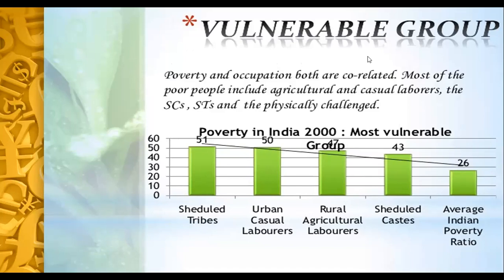Now, talking about vulnerable groups, the proportion of people below the poverty line is not the same for all social groups and economic categories in India. The social groups which are the most vulnerable to poverty are scheduled caste and scheduled tribe households. Similarly, among the economic groups, the most vulnerable are the rural agricultural labor households and the urban casual labor households.